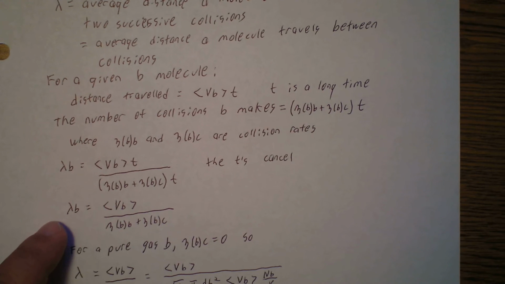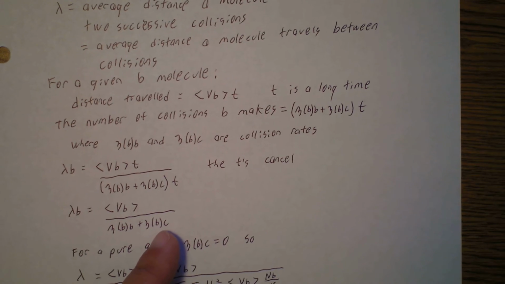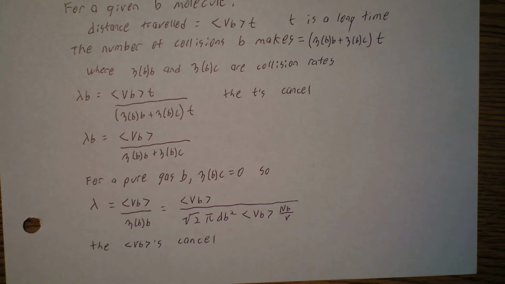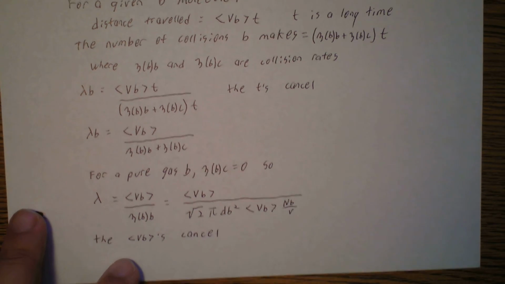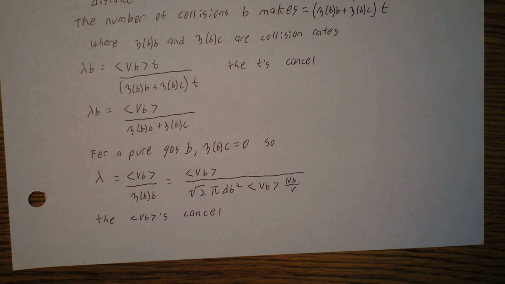So we have the average speed of the B molecule divided by this function of B against B plus the function of B against C. So for a pure gas B, ZBC is equal to 0 because there are no C to collide with. So lambda will be just the average speed of B divided by ZBB.